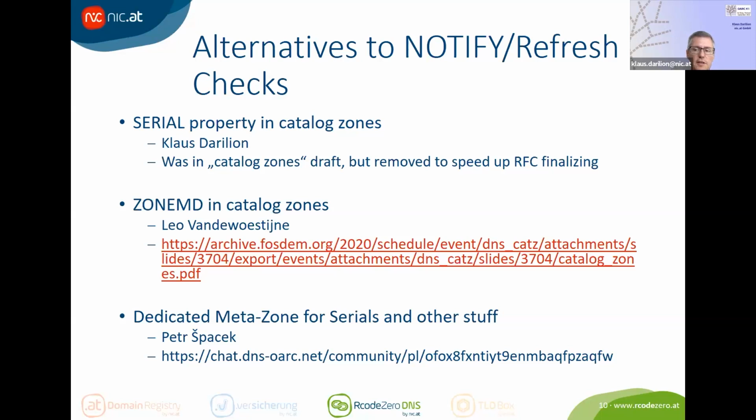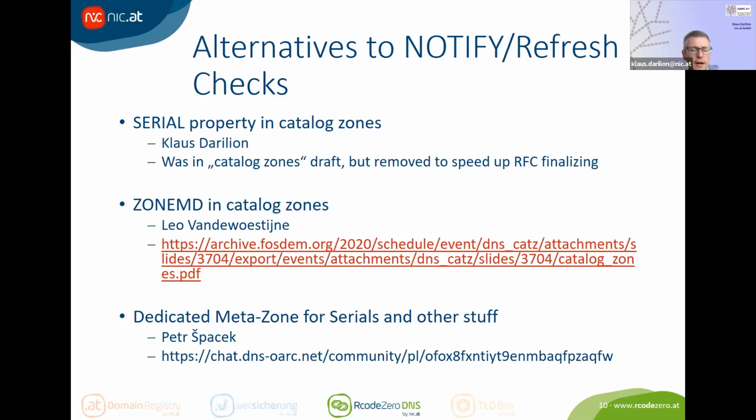And of course, this is also complex logic. And the thing is, we also had a discussion with one developer, and he said catalog processing is time consuming. But serials change very often. So if you encode the serial property in the catalog zone, then you probably have updates on the serial zone every second. So that may be another drawback.